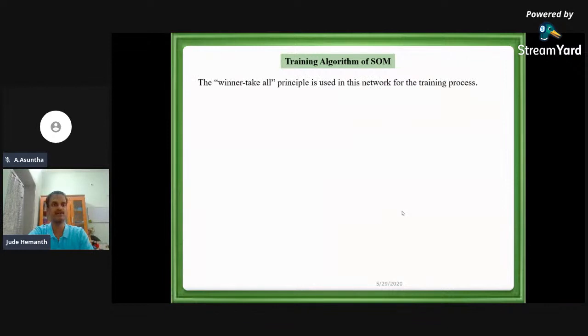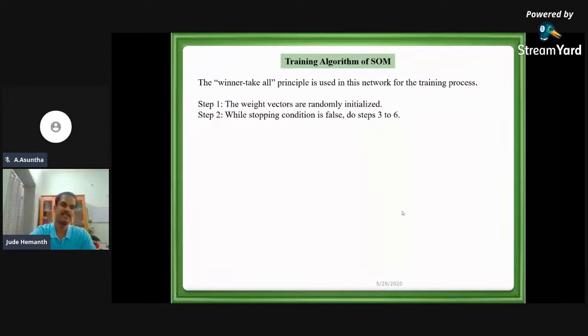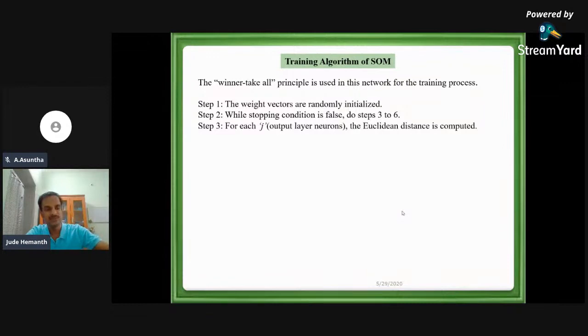Now we'll go into the training algorithm. Relatively simple. First step, what is step number 1? You need the input and you need the weights. You have your inputs, but you do not have the weights. They are usually randomly initialized. In the second step, normally you will see that net value calculation takes place in most neural networks.